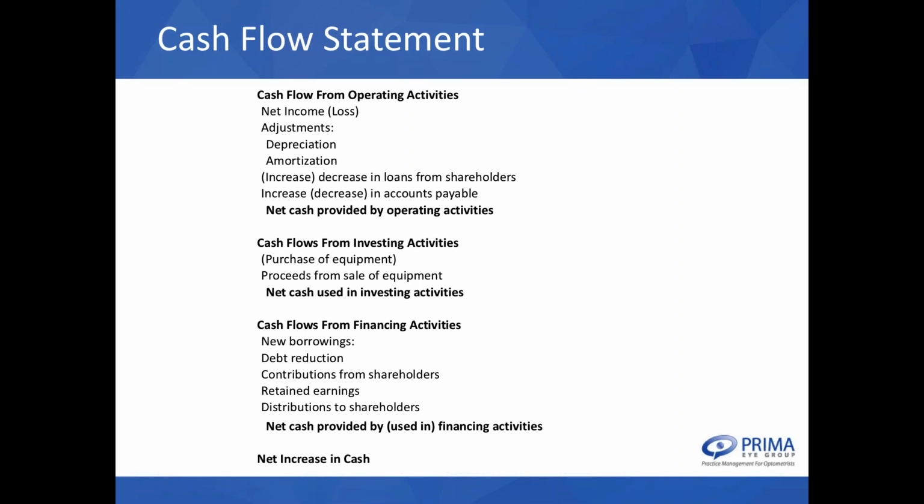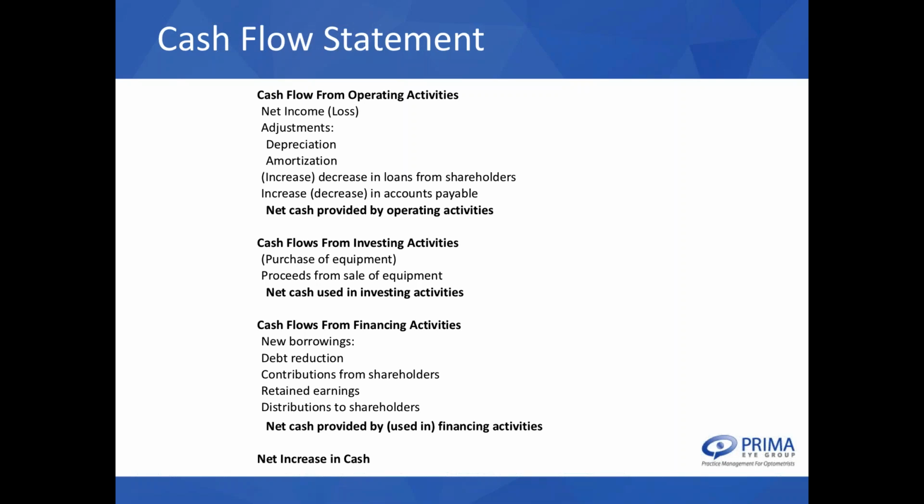Then it's going to tell you the change in cash provided by operating activities. The reason we adjust out depreciation and amortization is that those are non-cash expenses that we track, at least in the States, for tax purposes, so that they can count against your income and lower your tax liabilities.